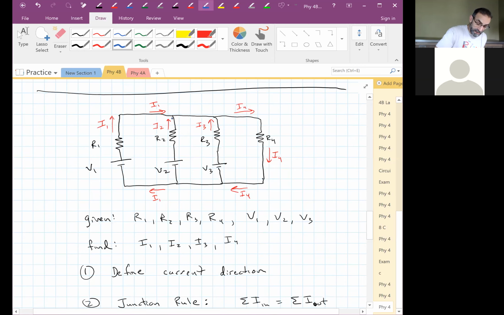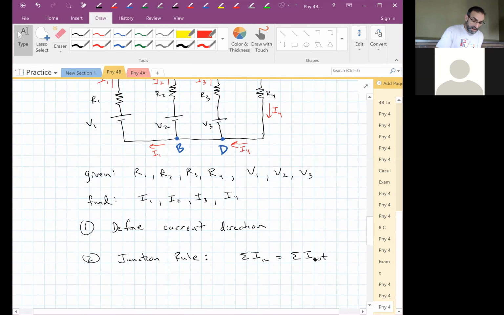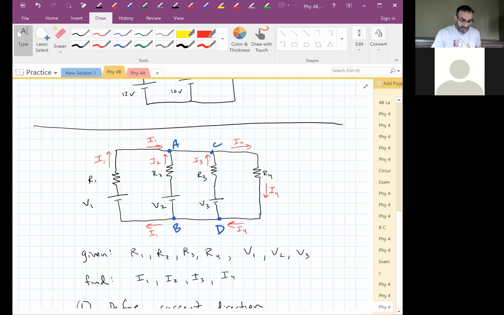I'll call this A, and this B, and this C, and that one D. Let's go ahead and write out those 4 junction rules. I probably need to define 2 more currents here, don't I? I'm going to call this current I5, and this current I6.